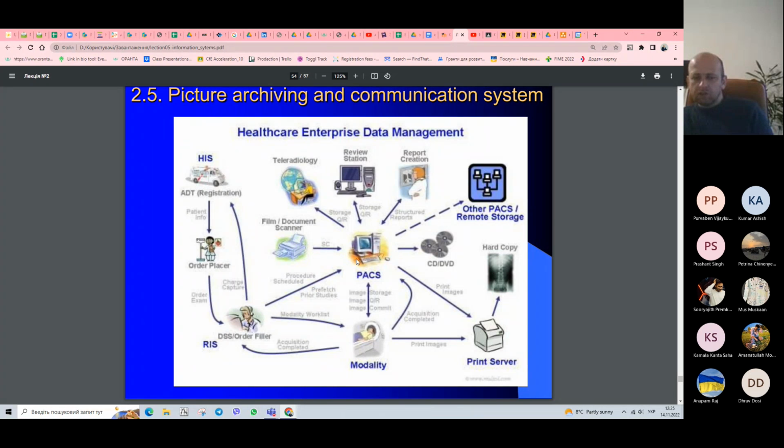Storage and archived images should be useful for teleradiology experts who sit in another part of the world, review stations, structured reports, saving data, hard copy printing, modality and order filling, and for patients in different places.